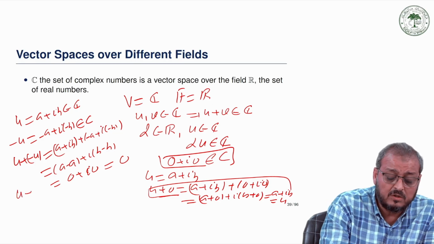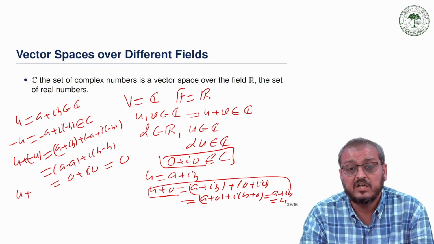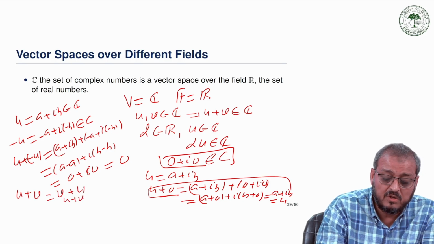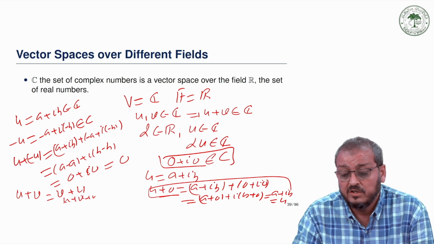And because complex numbers are associative and commutative, u plus v equals v plus u, and u plus v plus w also satisfies this form.